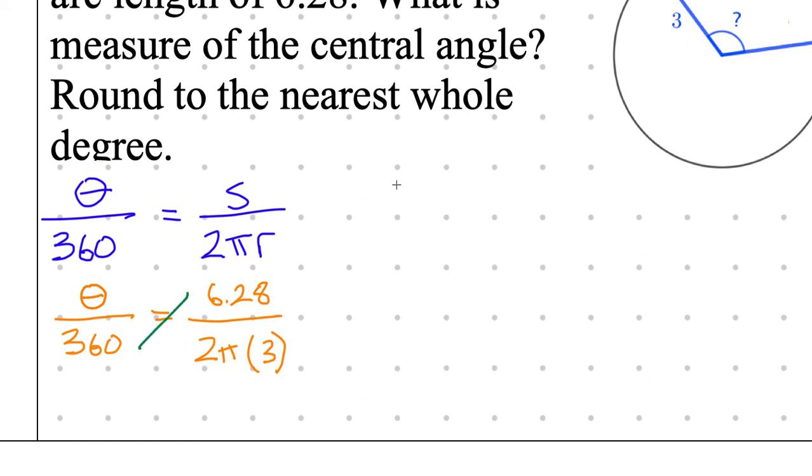So it's 6.28 times 360. And then it's 2 pi times 3. What's 2 times 3? 6 pi times theta. Perfect. Thank you. So Fernando has cross multiplied for us.